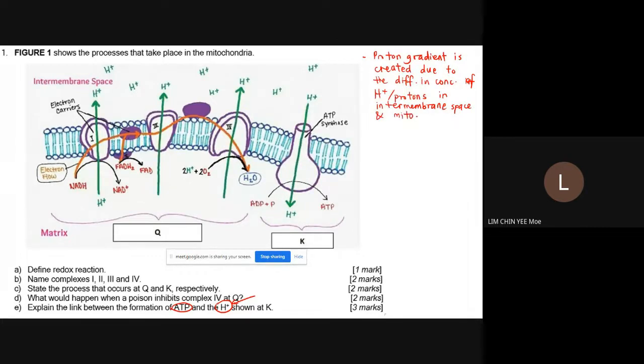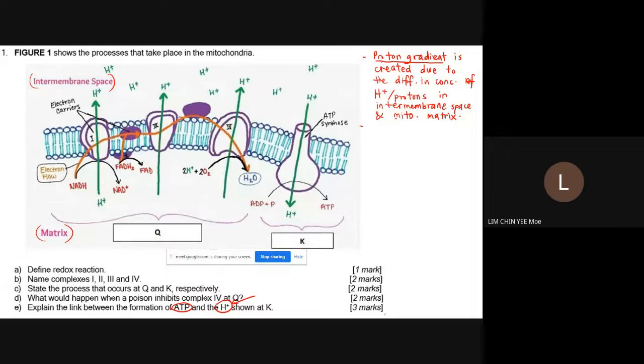I akan tambahlah point ini. Tak tahu dia perlu ke tak, tapi I tambah je because it's related to H+.